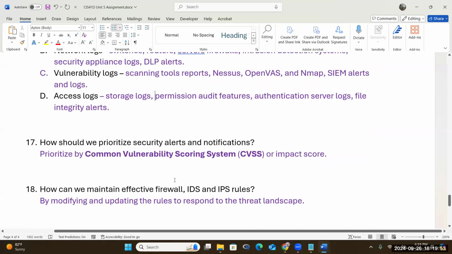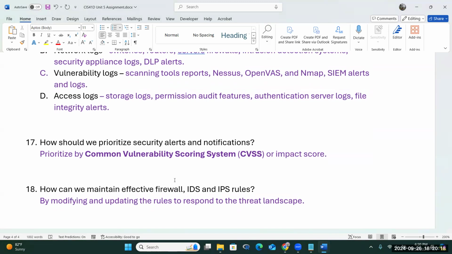Okay, 17, how should you prioritize security alerts and notifications? A lot of times these systems already have a ranking mechanism, but if you do it manually, you prioritize based on your CVSS, Common Vulnerability Scoring System, or impact score.